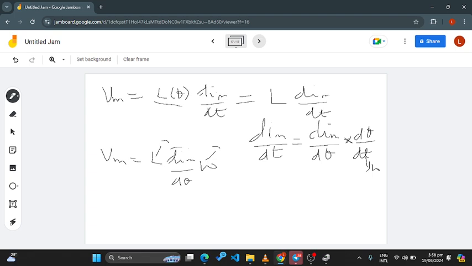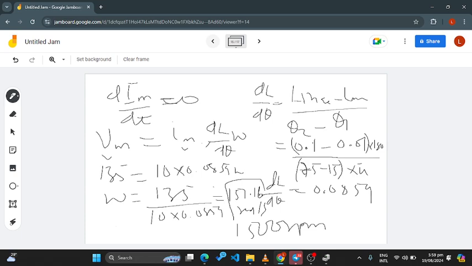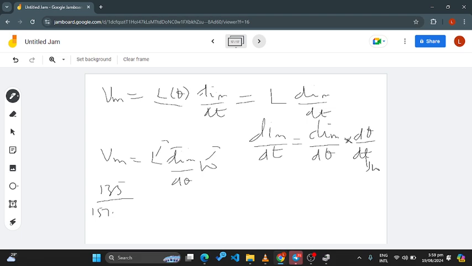So I can say that Vm, which is 135, divided by the speed, which is 157.16 rad per second, times L. From the question, L is 0.01.